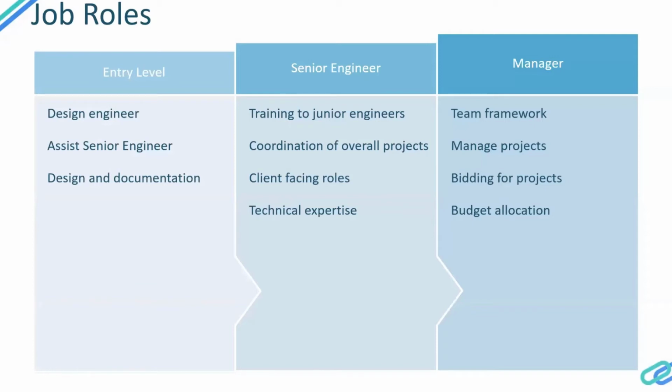It will be more of a client facing role where they will be expected to attend technical meetings and provide solutions, and they will be responsible for the overall delivery of the projects, okay? So this is what a mid-level engineer job role looks like.